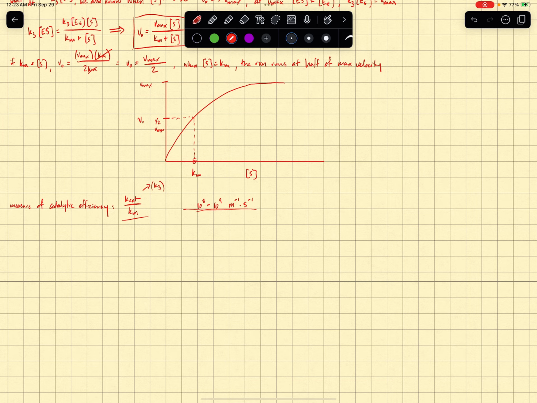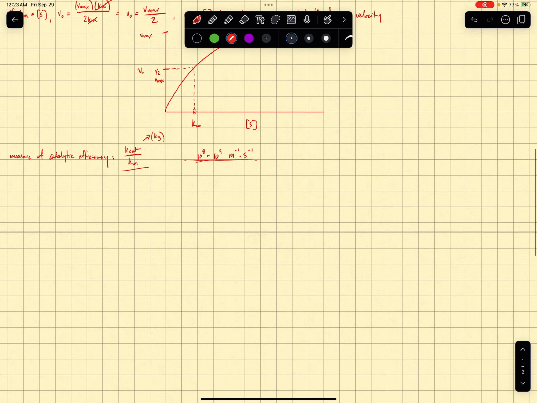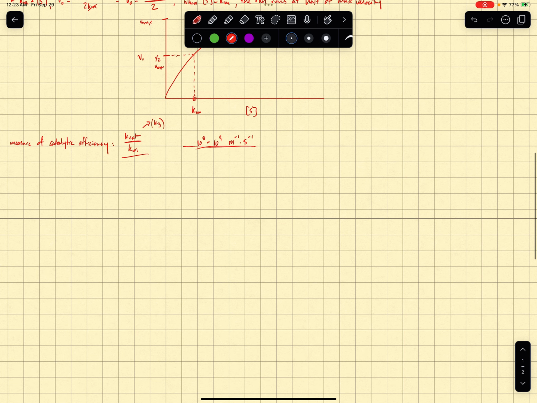You see if it is in this threshold or higher than that threshold. If it falls into that, then it is at catalytic perfection. And if it's below, like if it's 10 to the 7th or something, or lower than that, it wouldn't be. And sometimes that's called diffusion control as well. So he might say it like that. Catalytic perfection and diffusion control essentially mean the same thing.